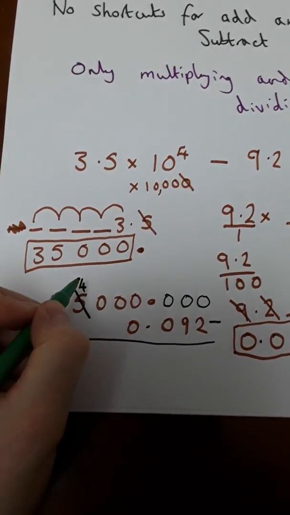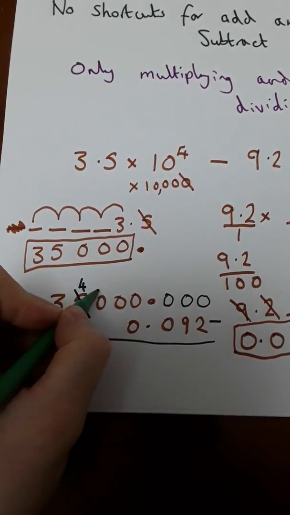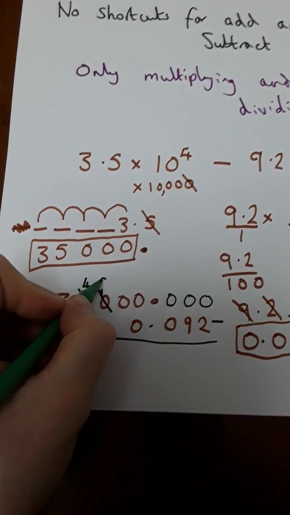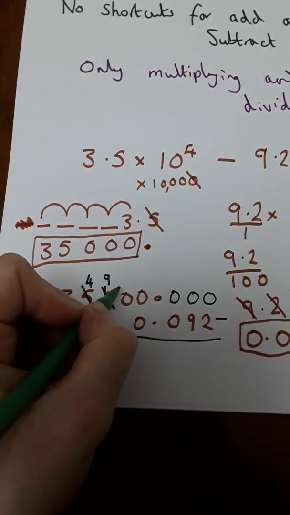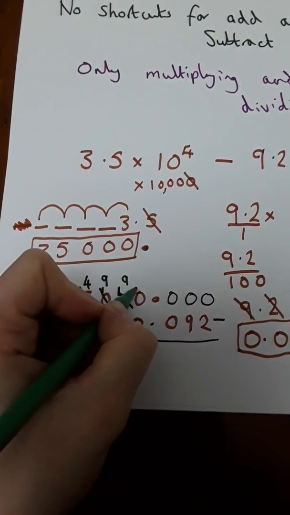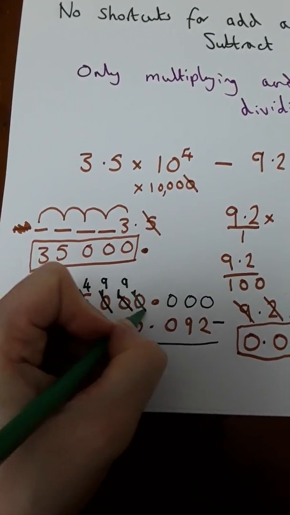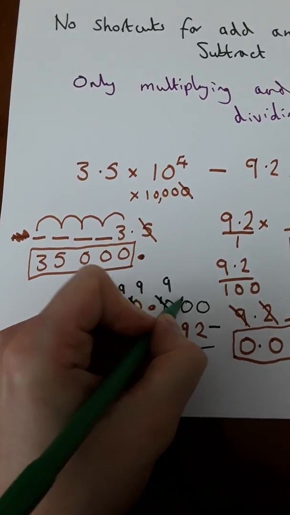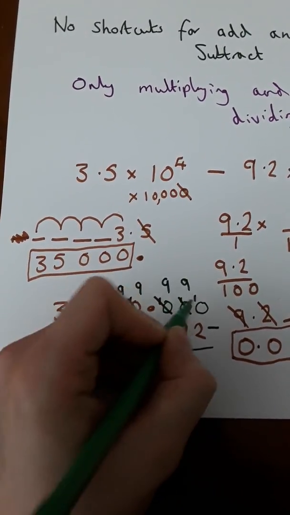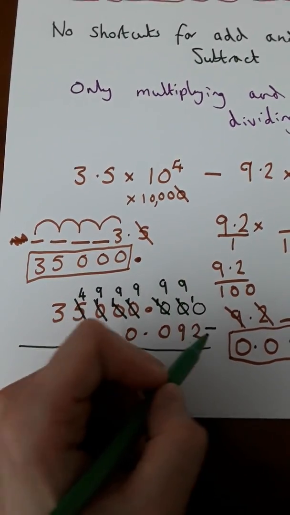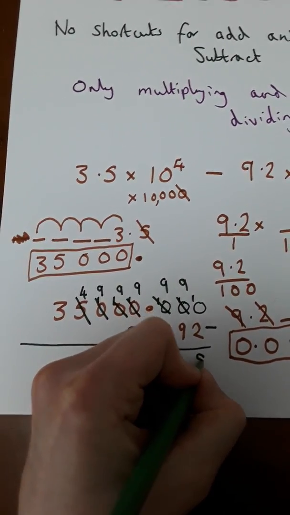So if I borrow from here, I'm going to end up with 10 here. I'm going to have to then borrow a 10 from that, which will give me 9 of those, and 10 here. Borrow from that, which gives me 9. Carry my 10, borrow from that. You get the picture. We just go on and on until we manage to make 10 at the bottom. So now I can do 10 minus 2, which equals 8.